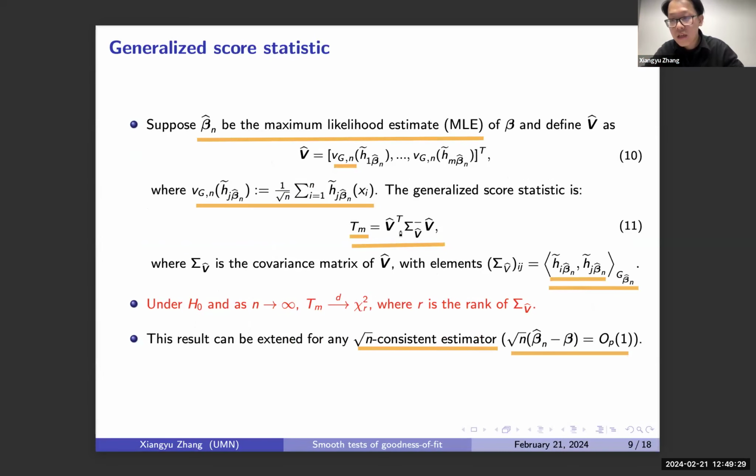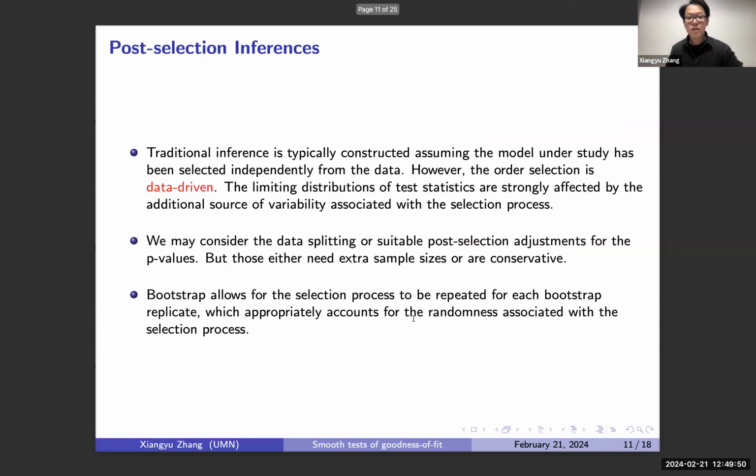It will be the Tm times the indicator function that your selection criteria selects the order M. So your statistic will not be the original one, and your limiting distribution will not be exactly this chi-square-R distribution. So that's a potential problem of this order selection criteria.